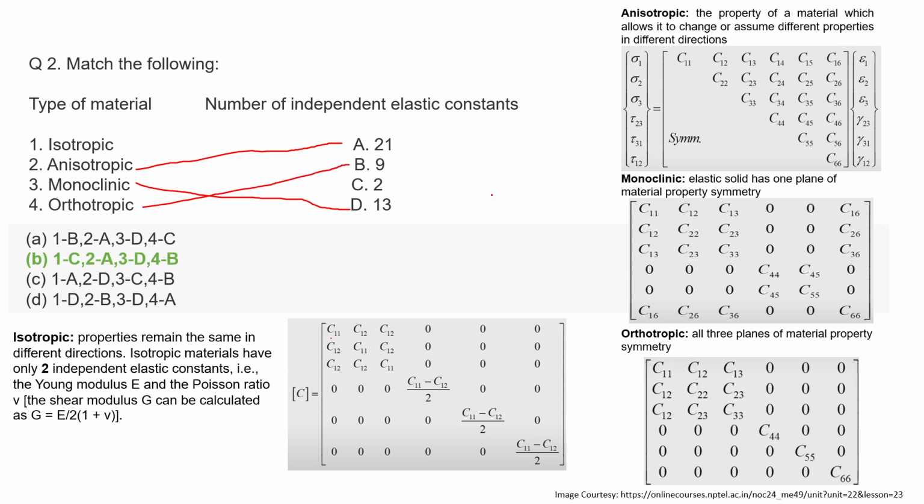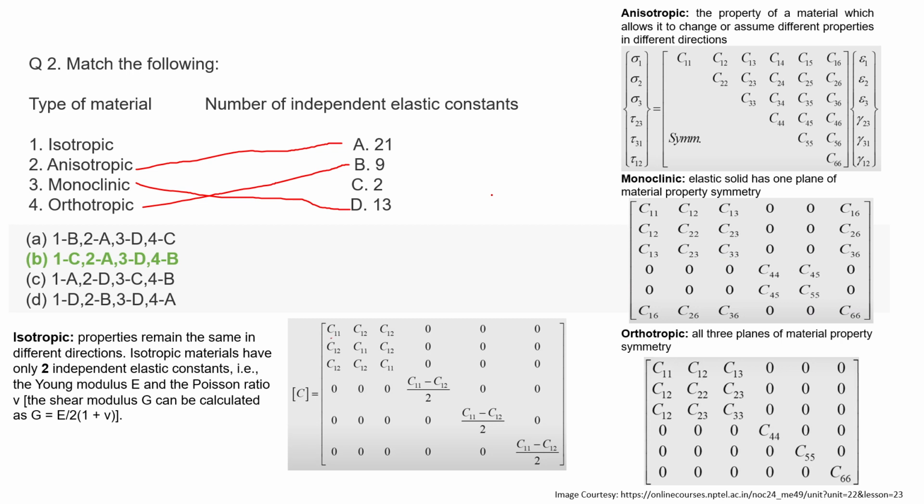Now after orthotropic, there is another type of material, that is transversely isotropic. It is an orthotropic material, but one of the planes is isotropic. So suppose you have a body, and in all the symmetrical directions the properties are the same, but also on one of the faces of that body, the whole property will be the same.